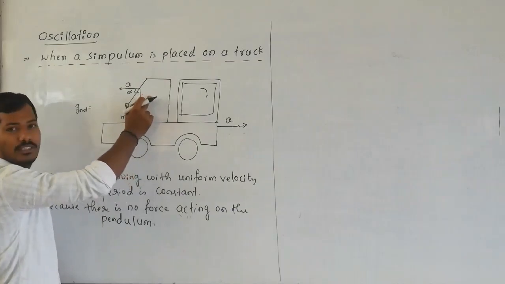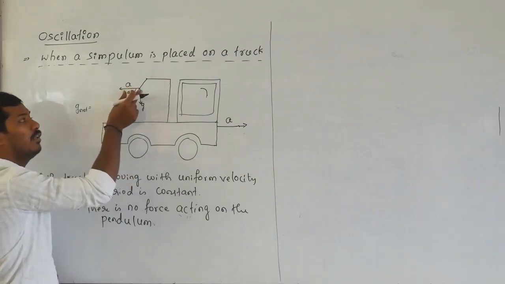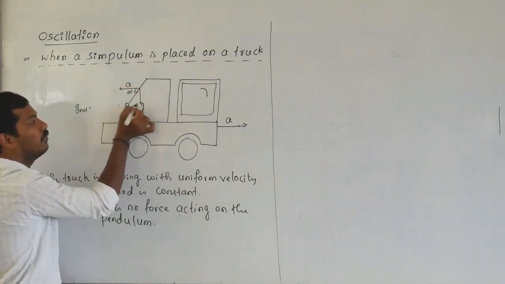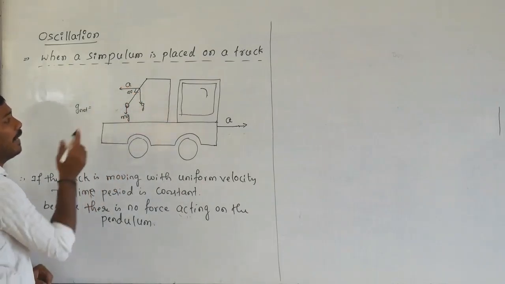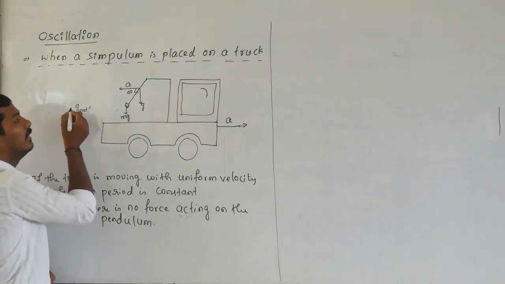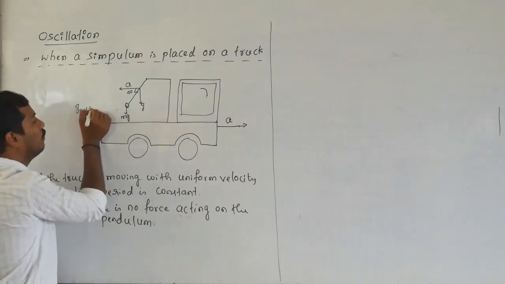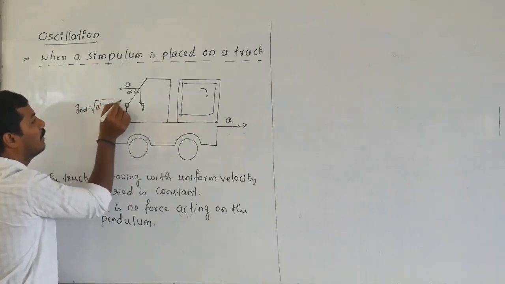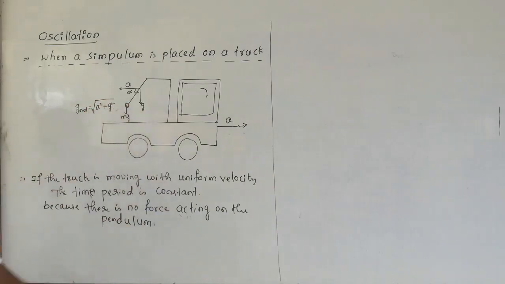Apply the Pythagoras theorem. If this side is g and this side is a, then what about g net? The net g is equal to the root of a square plus g square.